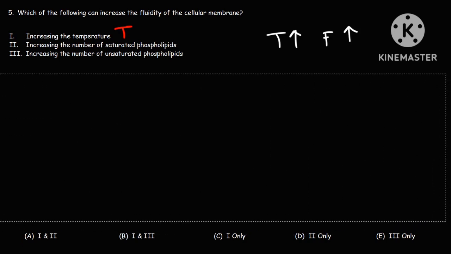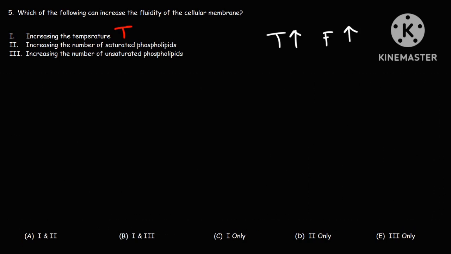So the correct answer will be increasing the number of unsaturated phospholipids. That's going to increase the fluidity. If you increase the number of saturated phospholipids, that will decrease the fluidity. So number 2 is false. The answer is going to be 1 and 3, which is answer choice B. So this will be an example of a saturated phospholipid because both of the fatty acids, they're straight.